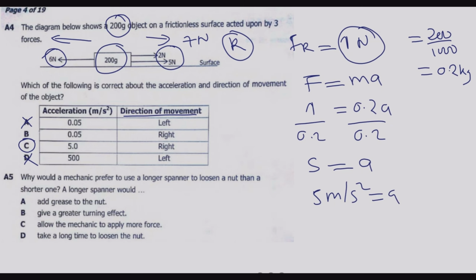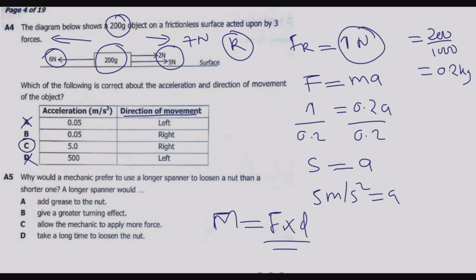Number 5, why would a mechanic prefer to use a longer spanner to loosen a nut than a shorter one? So this one has to do with the principle of moment. Remember, moment is equal to a force times distance.